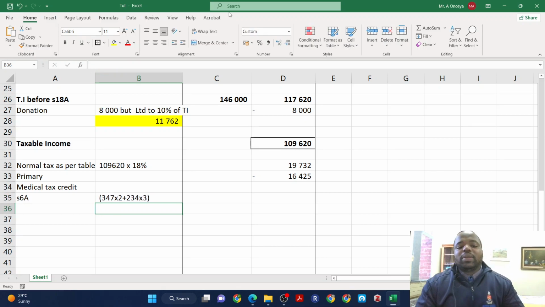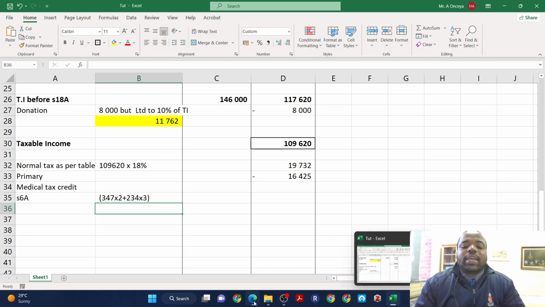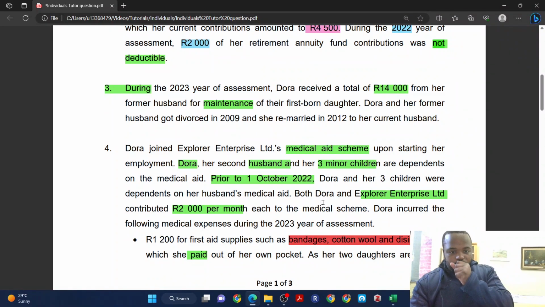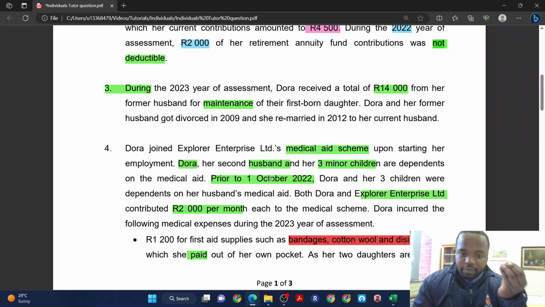But then remember now you must ask, for how long has she been paying for this? And we are told here that prior to 1 October, Dora and her 3 children were dependents on her husband's medical aid. By this, we may essentially assume that the husband was paying before 1 October.